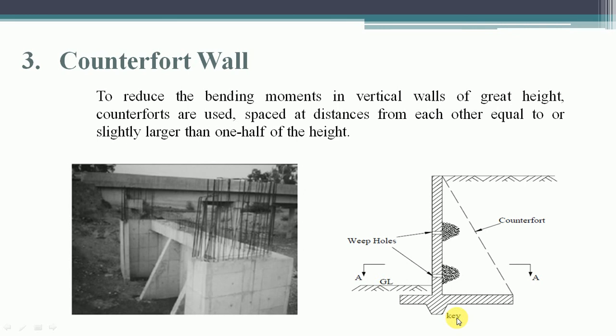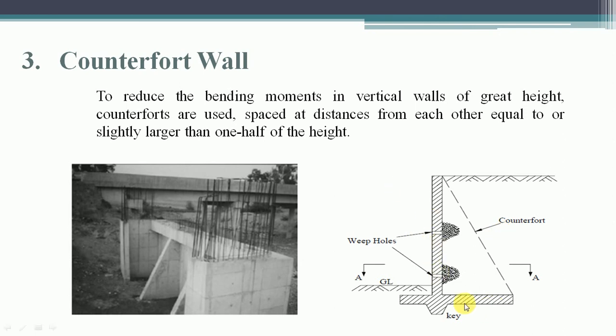The counterfort wall has thin vertical slabs which are known as counterforts. Here you can see that counterfort retaining walls are economical for heights over about 6 meters, where the stem and the base slab are tied together by counterforts.